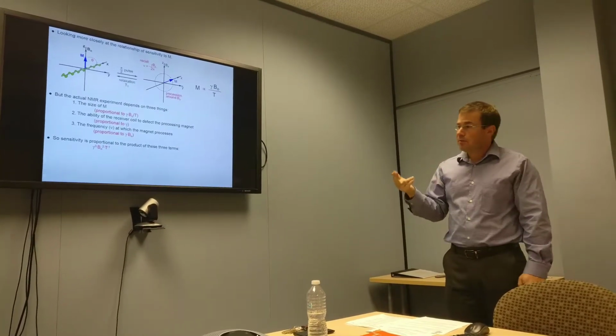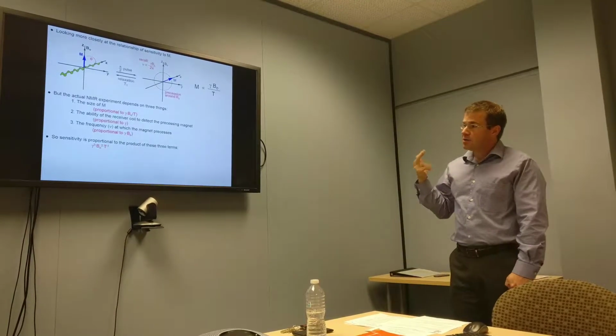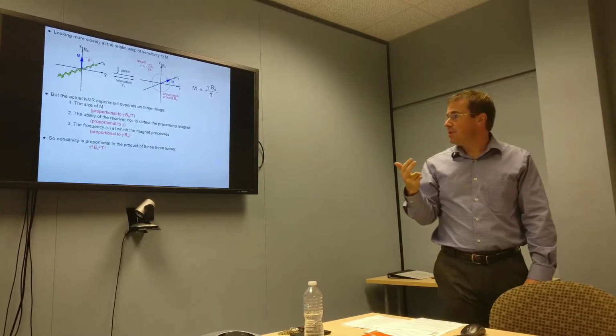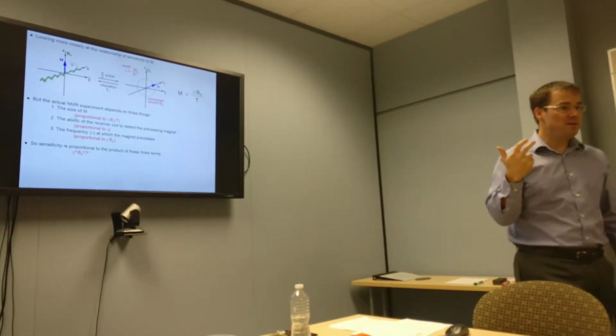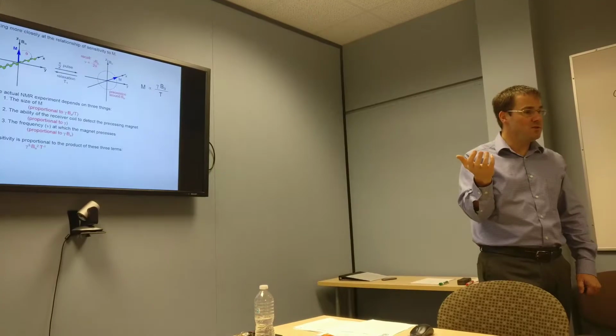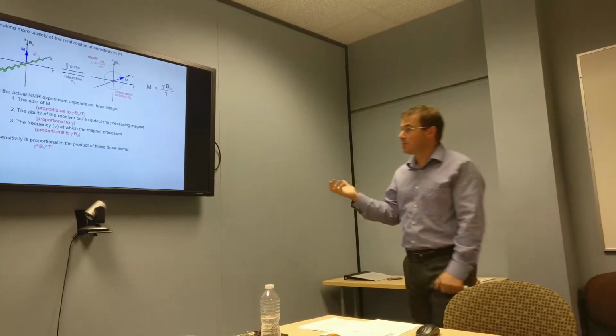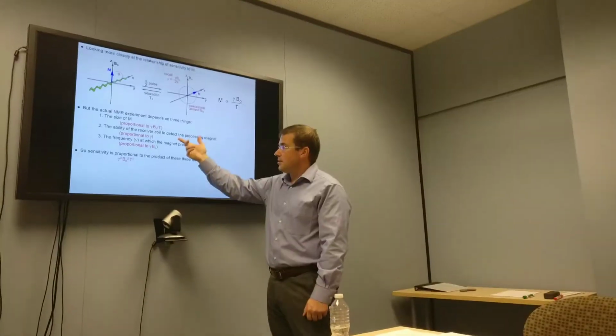divided by temperature. It's also going to depend on the ability of the receiver coil to detect the precessing magnet, which again is going to depend on the strength of the nuclear magnet. In other words, that's also going to be proportional to the magnetogyric ratio.